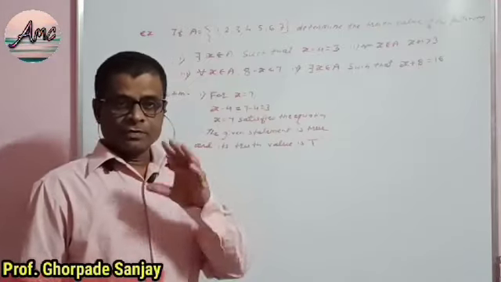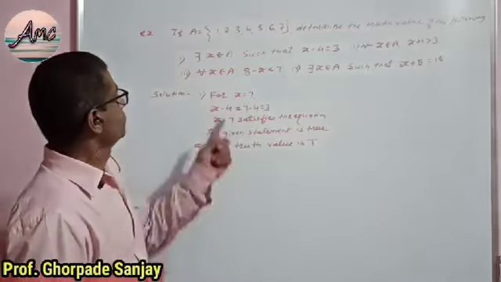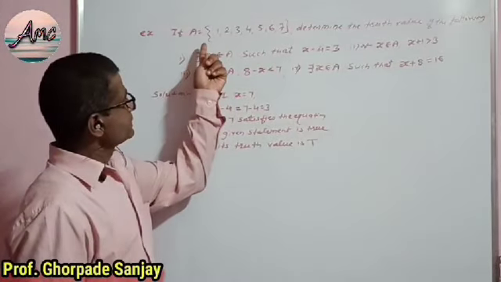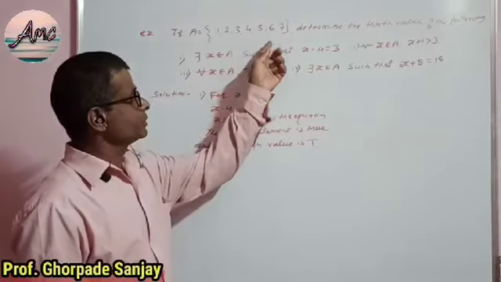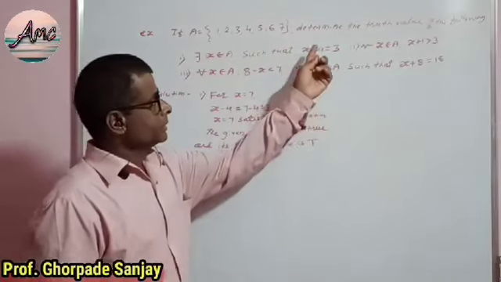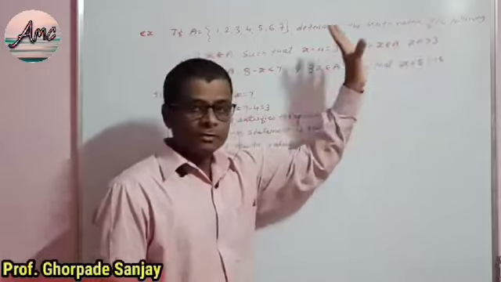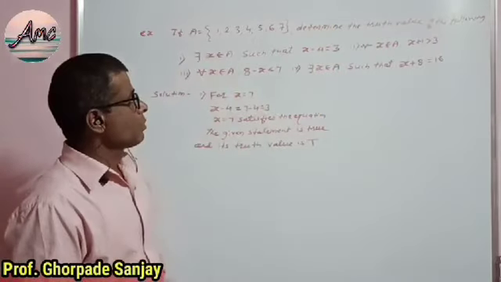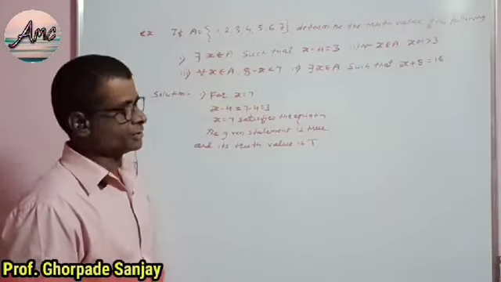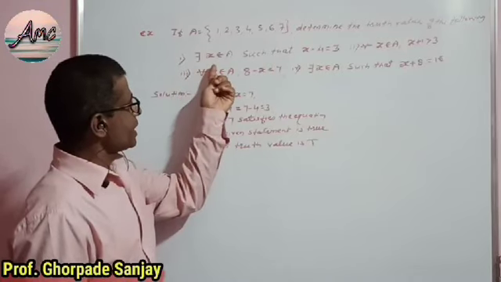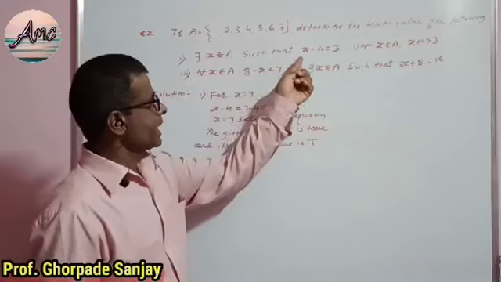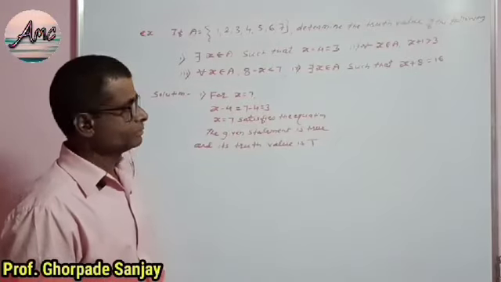Now let us take one example. If set A equals 1, 2, 3, 4, 5, 6, 7, determine the truth value of the following quantified statements. The first example: there exists x belongs to A such that x minus 4 equals 3.